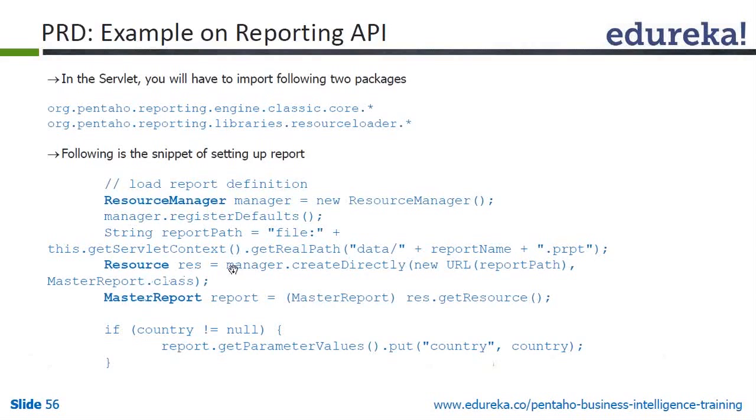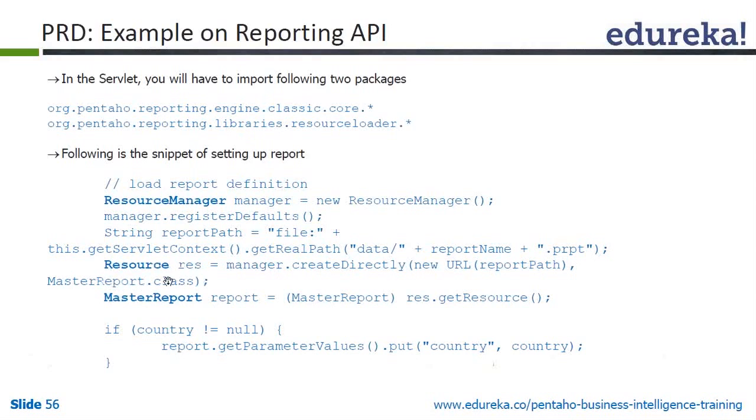So once your resource is ready and you got this path, you are feeding the path to the resource manager to create the resource object. The report path is fed, and master report dot class is basically a static reference.